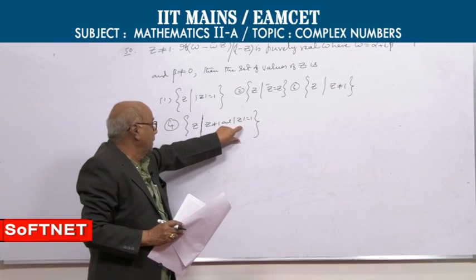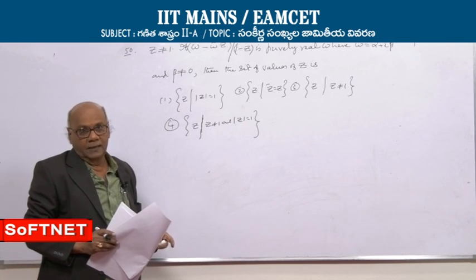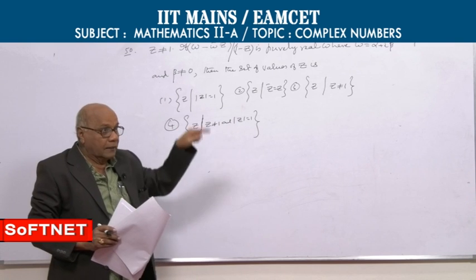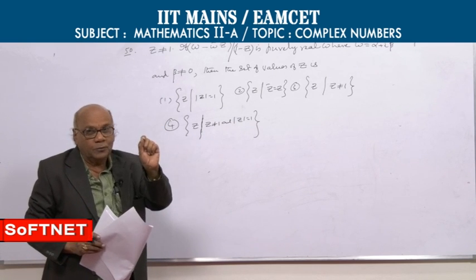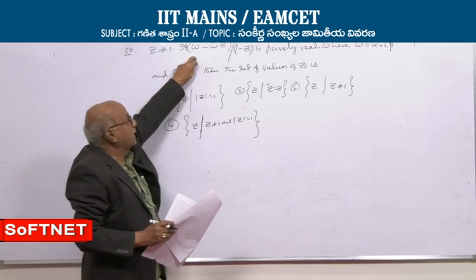You know that |z| = 1 is a unit circle with center at origin, and on the entire circle except (1, 0), all the rest of the points satisfy this property.